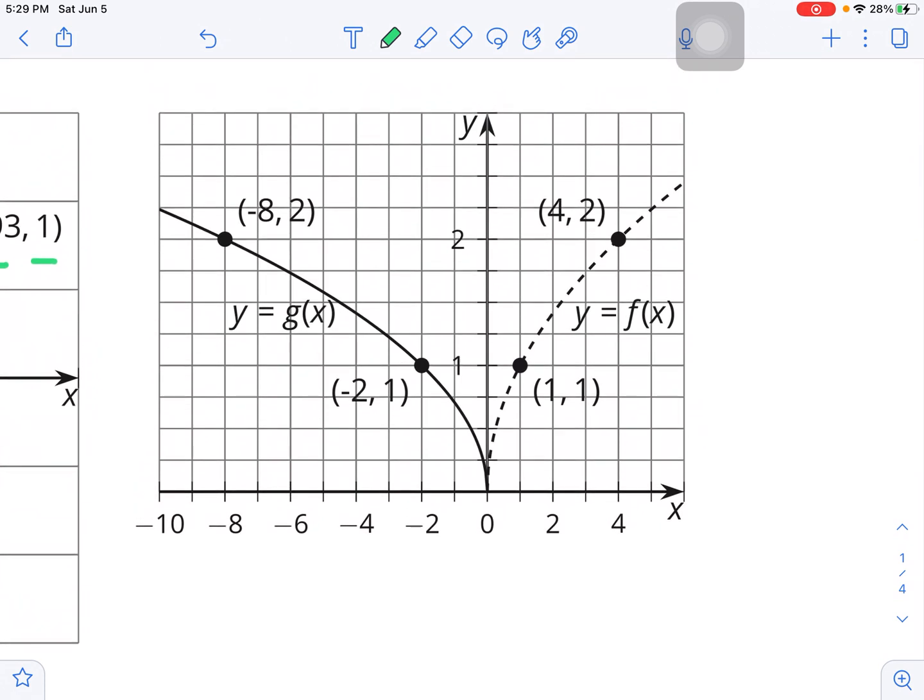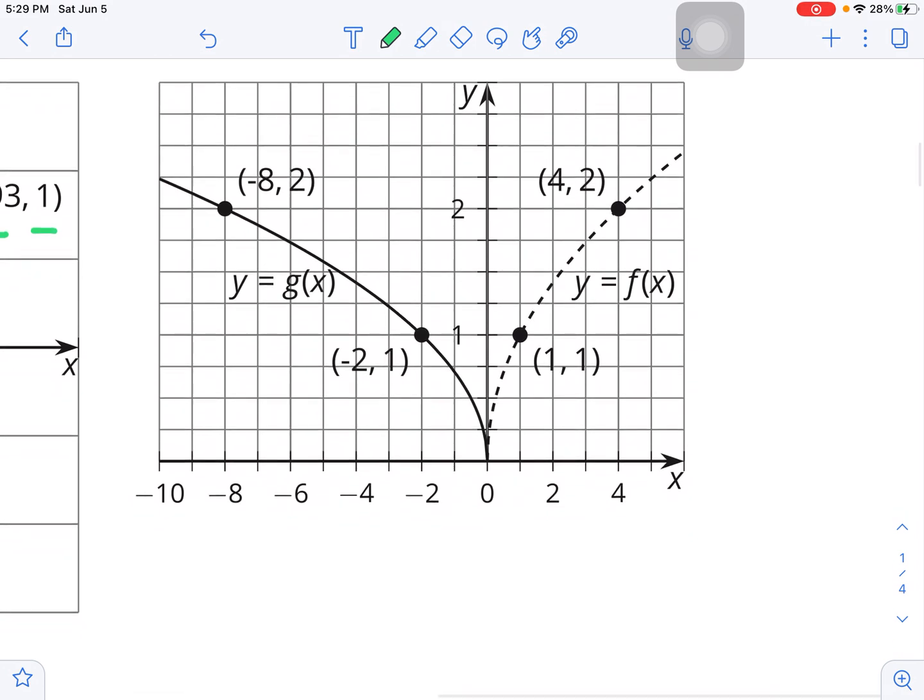So on this last graph, it looks like our outputs are staying the same again. We have 4, 2 compared with -8, 2, and then 1, 1 and -2, 1. So there's a couple of things going on in this one.